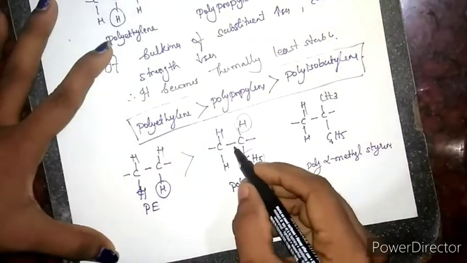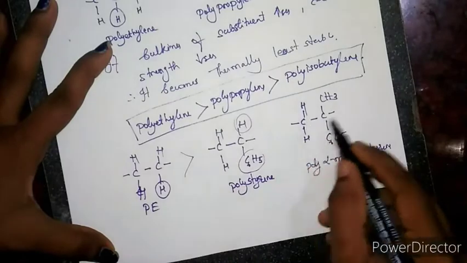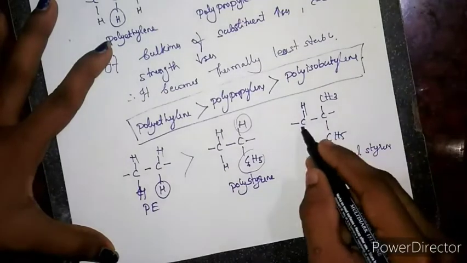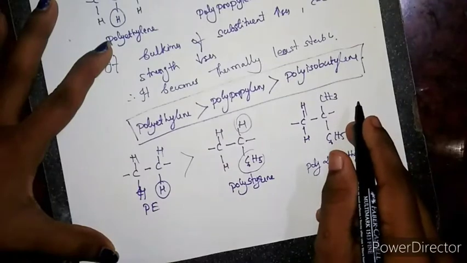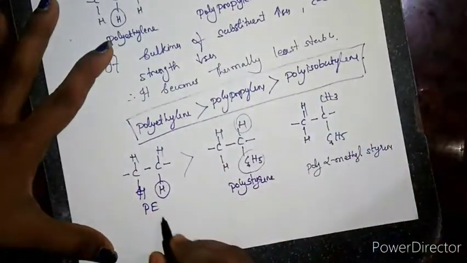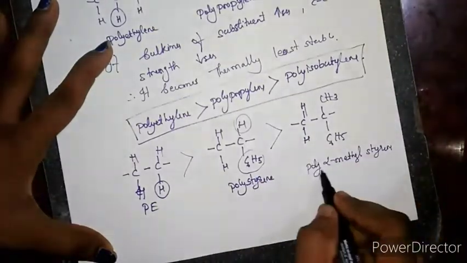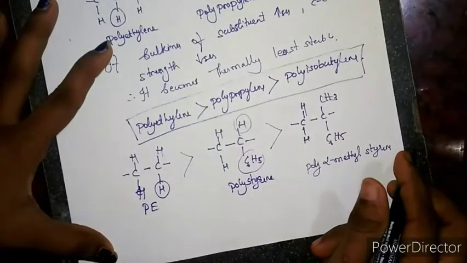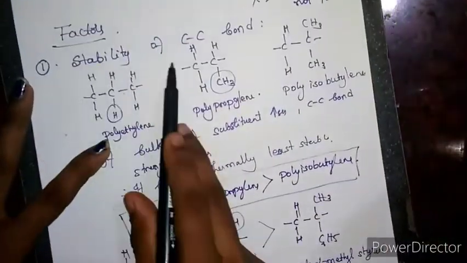The C-C bond strength decreases. Here you have two bulkier groups, so this C-C bond is least stable. As a result, this polymer becomes least thermally stable. So what is the order? PE is more stable than polystyrene, and that is more stable than poly alpha methyl styrene. Hope it is clear. This is point number 1, the stability of the C-C bond.